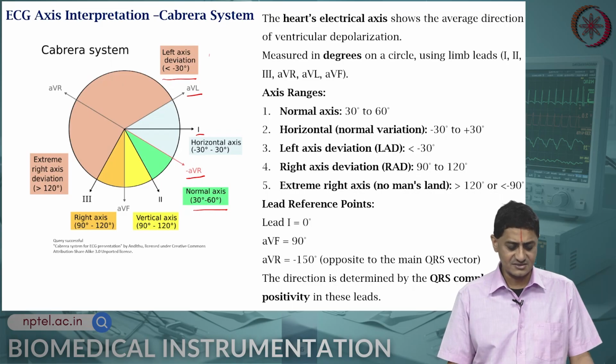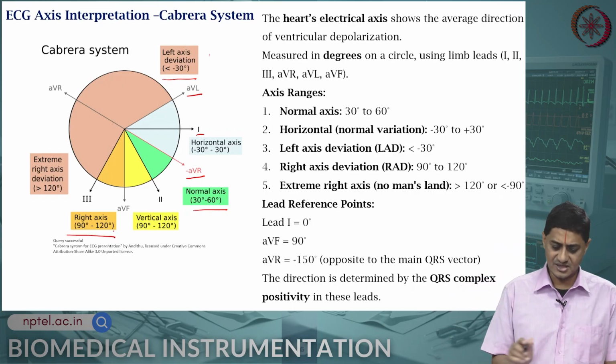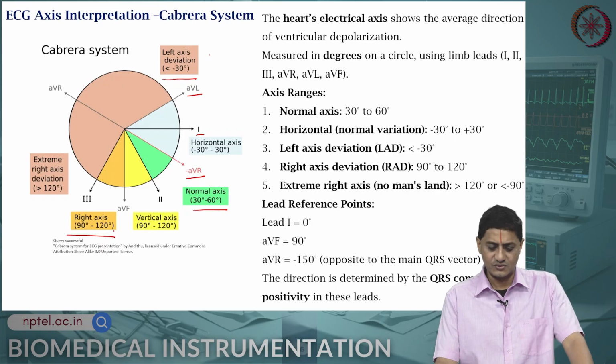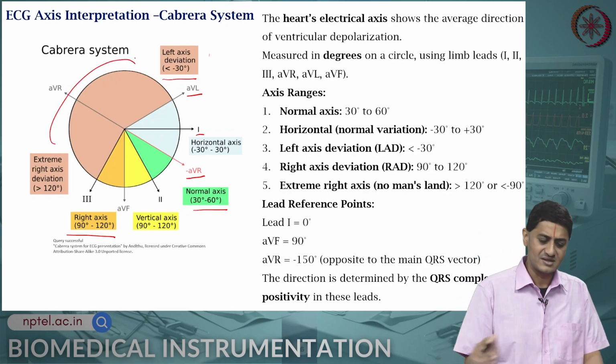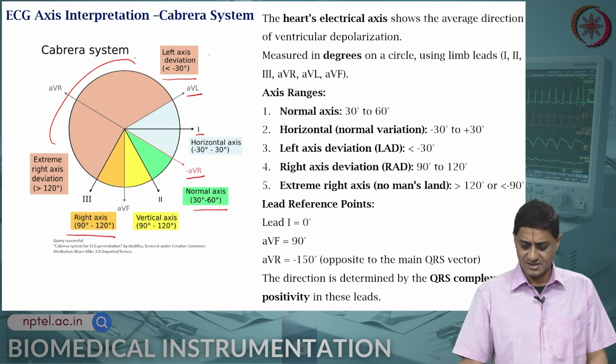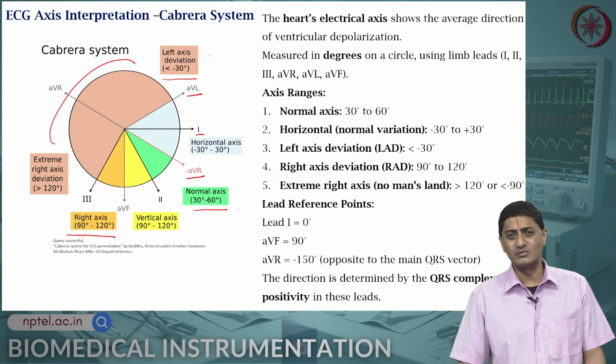The right axis deviation is between 90 and 120 degrees. The extreme right axis, this is no man's land, the range is greater than 120 degrees or less than minus 90 degrees.